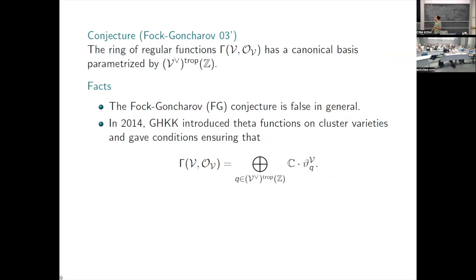However, Gross, Hacking, Keel and Kontsevich in 2014 constructed a certain class of global functions on cluster varieties called theta functions, and they gave almost optimal conditions ensuring that this conjecture is satisfied, and moreover that the canonical basis is given by the theta functions.